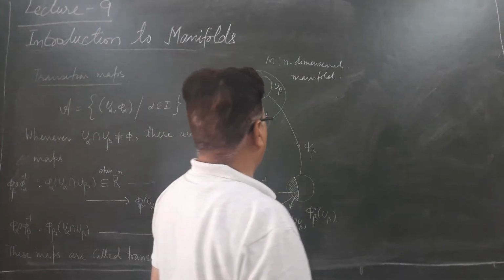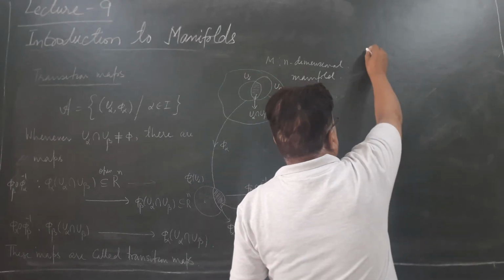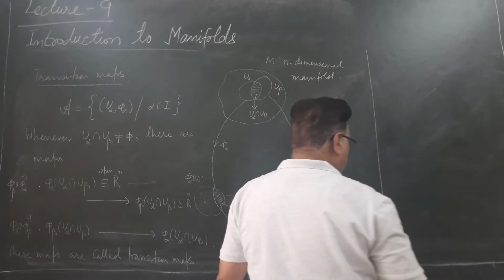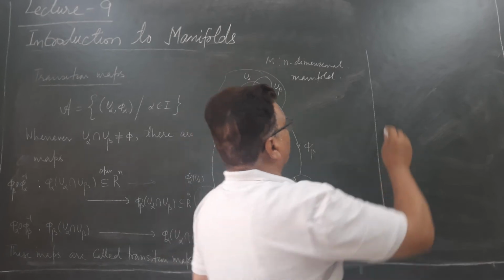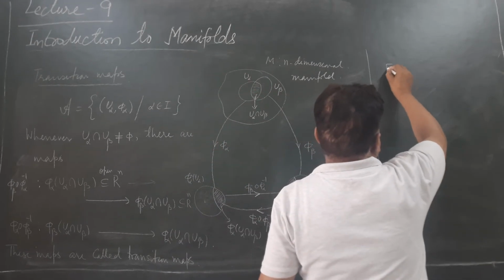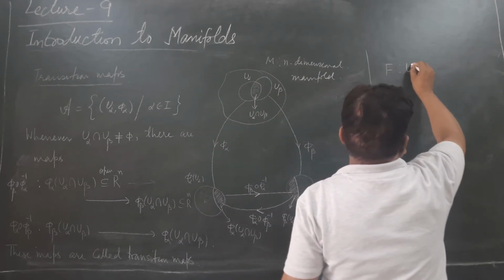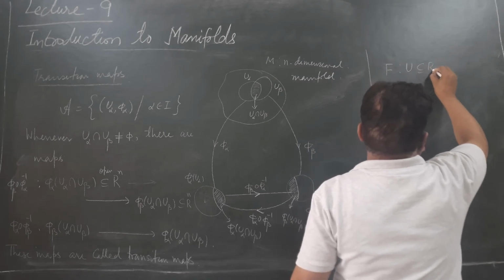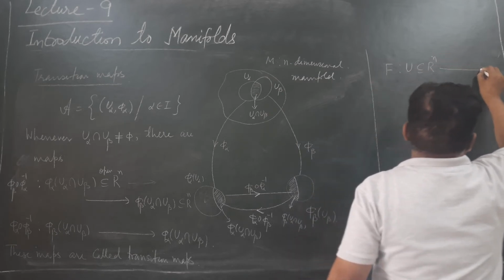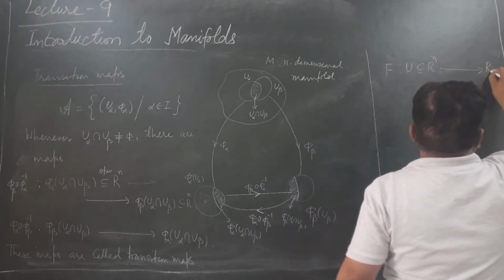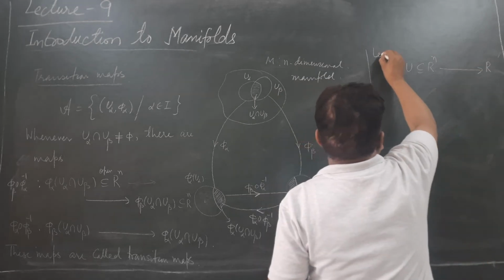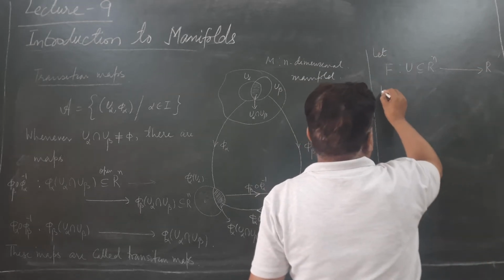If you have, so let me discuss this thing over here in a corner. If you have a map, say f, from an open subset U of Rn into R, let this be a map.